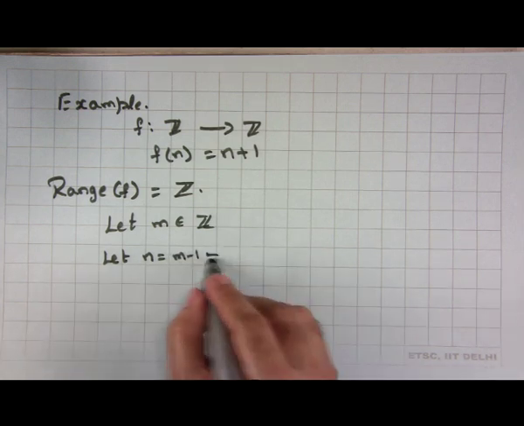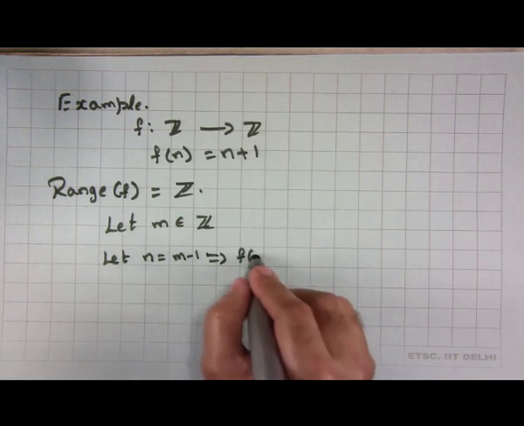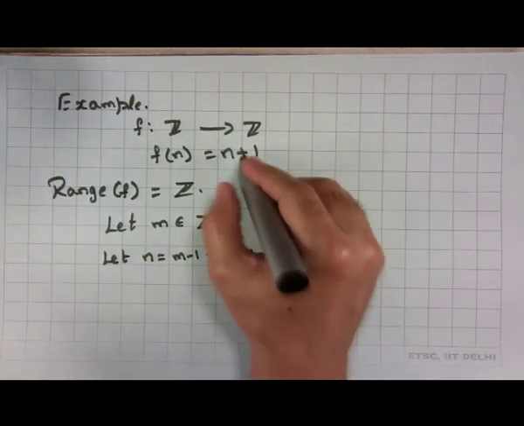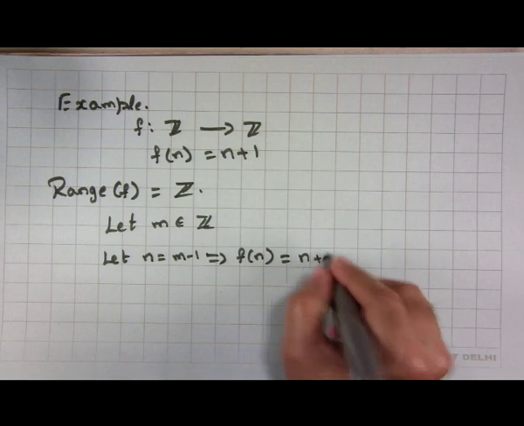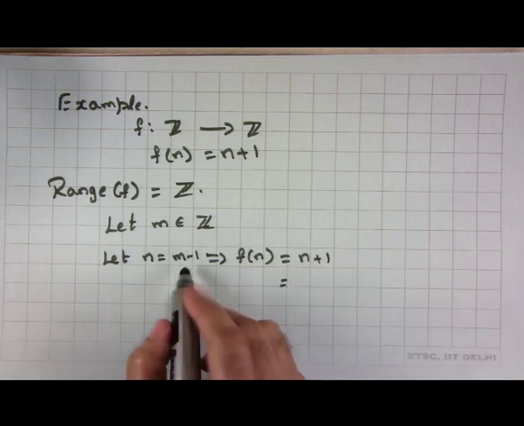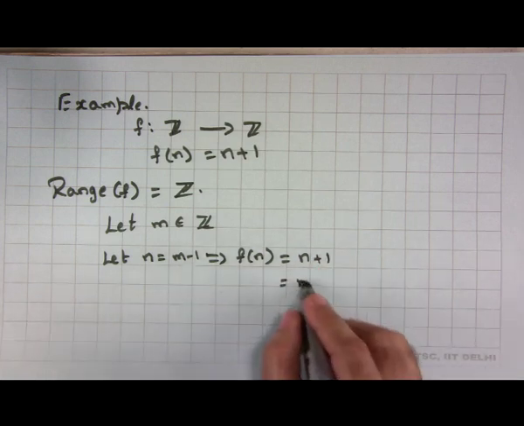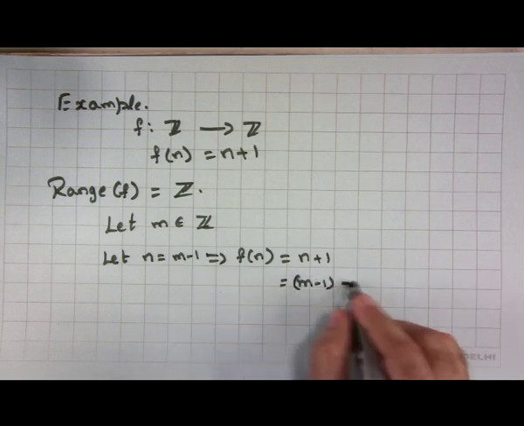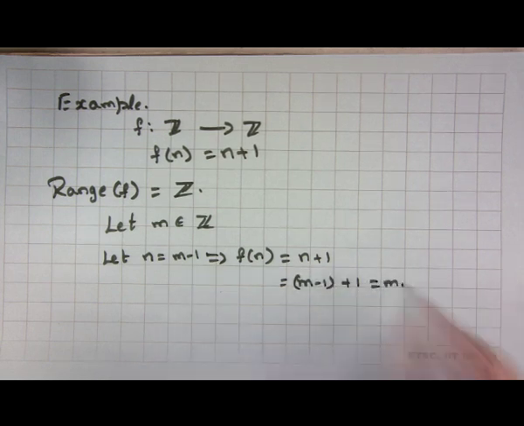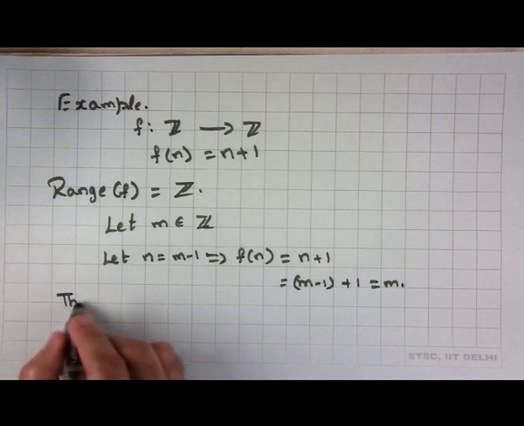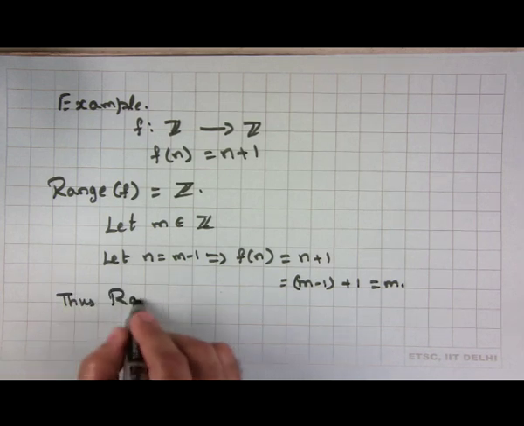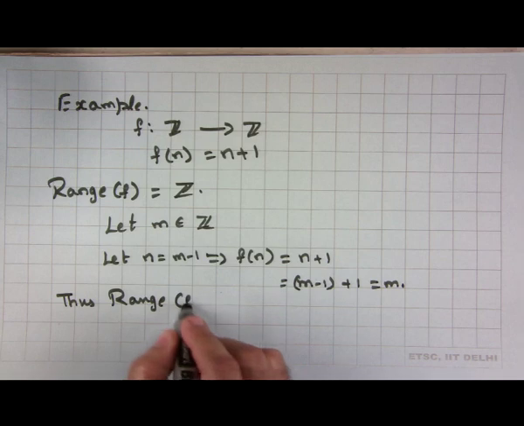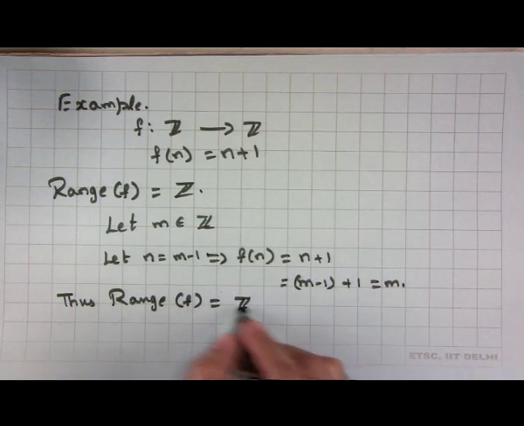That implies that f of n, which by our definition is n plus 1, but our choice of n is m minus 1, so m minus 1 plus 1, which is m. Thus, range of f is whole of Z.